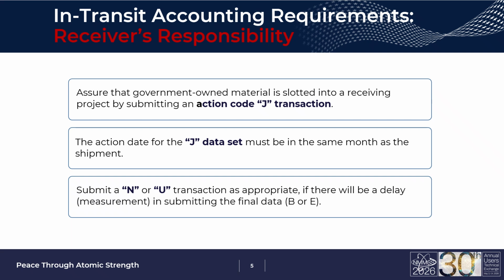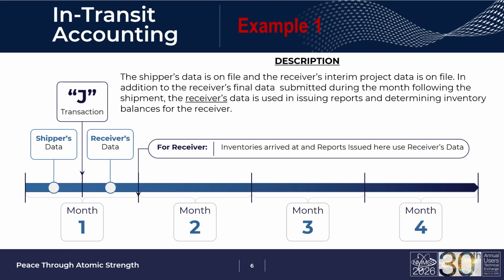Submit an N or U transaction notifying of delay in measurement as appropriate, if there will be a measurement delay in submitting the final B, which is accepting shipper's values, receipt 741, or E, receiver's measurement 741.